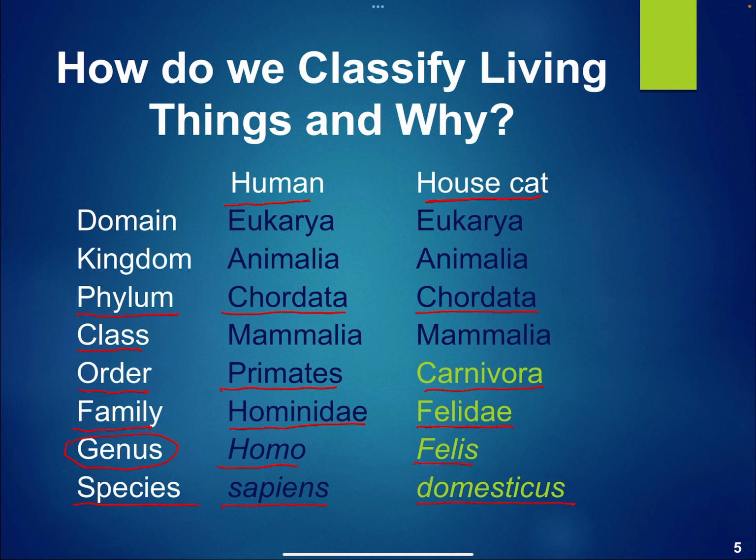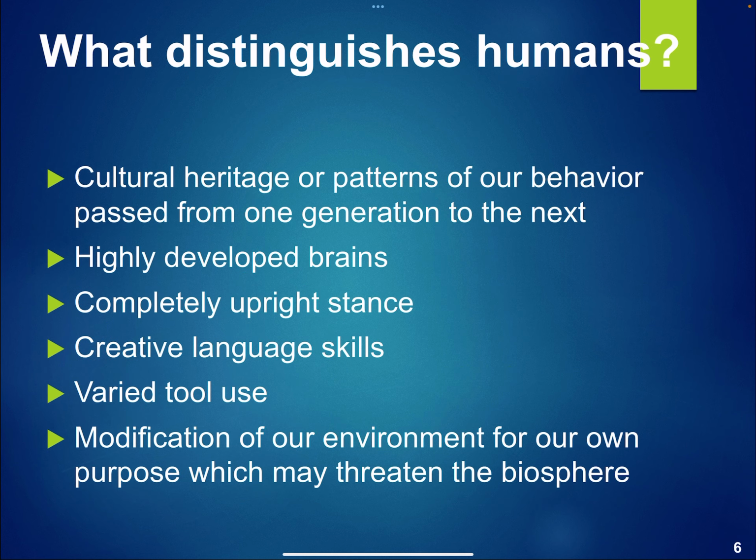Now, with that being said, because this is human biology, what is characteristic to humans and how are humans different from other living organisms? One, humans have this particularity that they can pass down a cultural heritage from parents to offspring, from generation to generation. Humans have a highly developed brain.